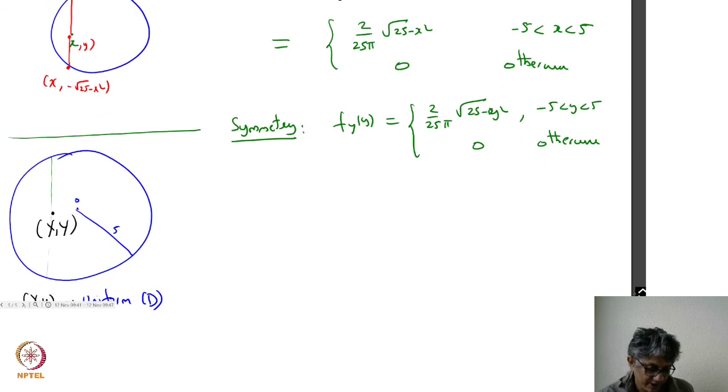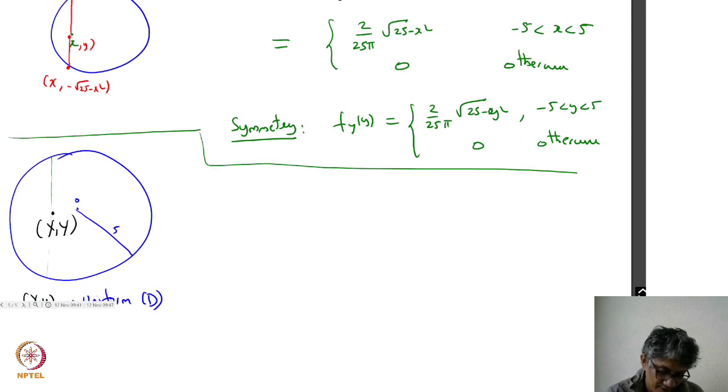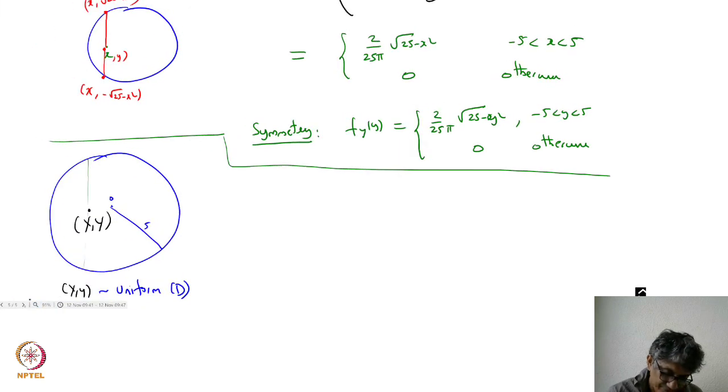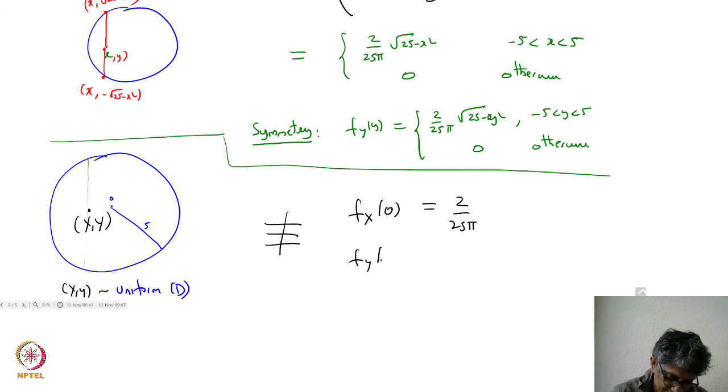Once you do these two things, then this exercise is over, and you can easily observe that they are not independent. That is, choosing a point uniformly on the circle is not the same as choosing a point on x and y independently. So f sub x at 0 is 2 over 25 pi. f sub y at 0 is also 2 over 25 pi.